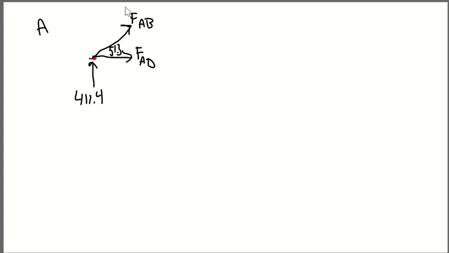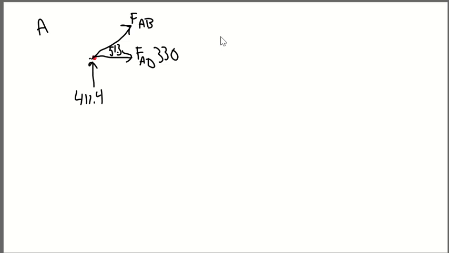Oh, and since I got a full screen, we'll do it both ways. Awesome! All right. So we know FAD. We just found that. That is 330. So I know I've got an X force and I've got a Y force, so I could solve for this either using sine or cosine. I'm going to do it both ways so that we can compare it.